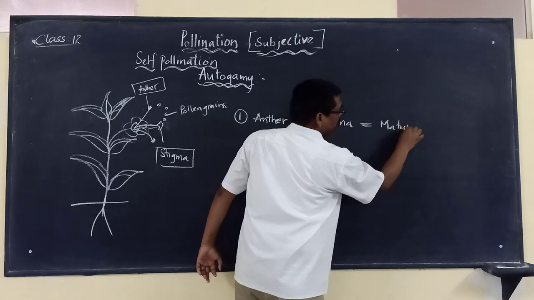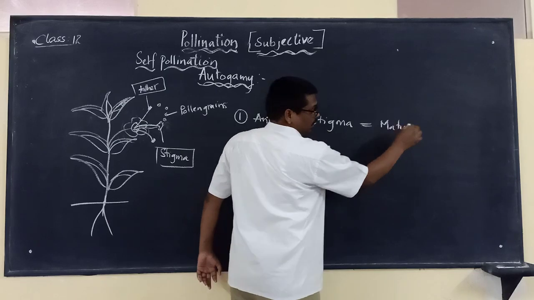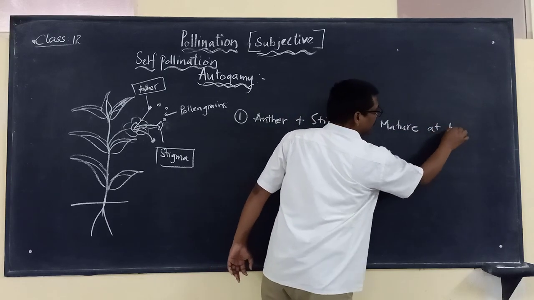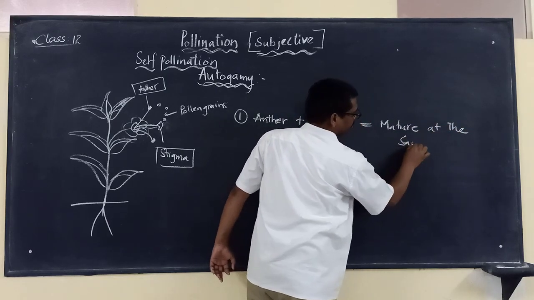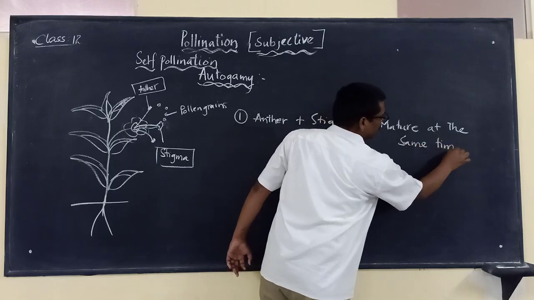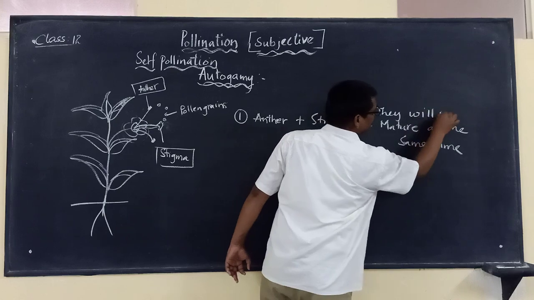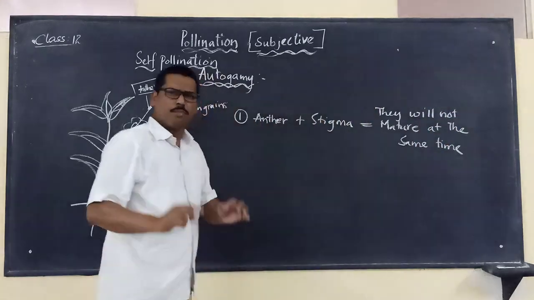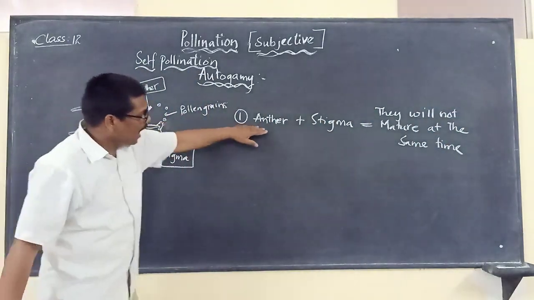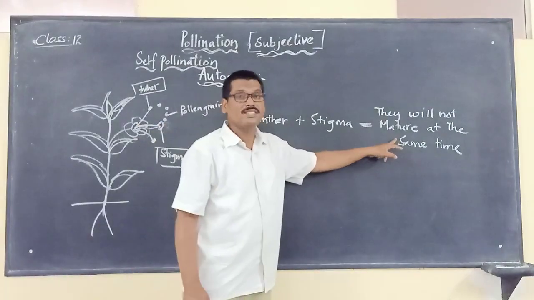They will not mature at the same time. That's what is important here. In most cases, the anther and the stigma will not mature at the same time.